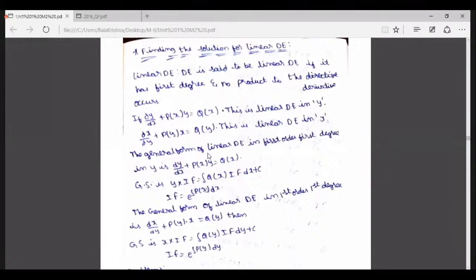If the degrees are not the same, then check for the expression y into f of xy plus x into g of xy. If it is not possible, then check the next condition, 1 by n into ∂m/∂y minus ∂n/∂x, purely in terms of x or not. If it is not, then you should check 1 by m into ∂m/∂y minus ∂n/∂x, purely in terms of y or not. So like this you need to do. Clear?